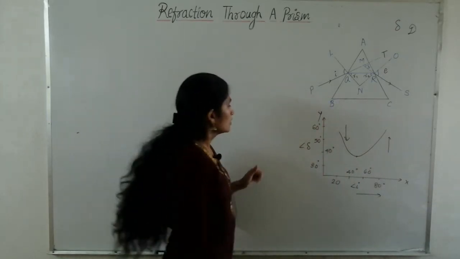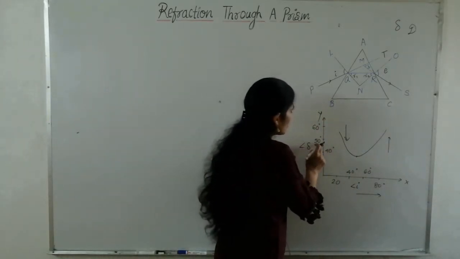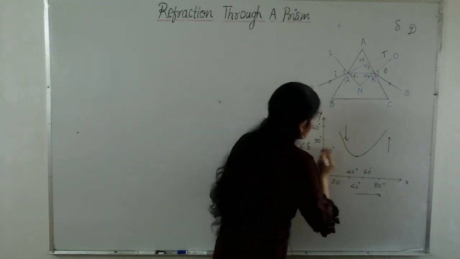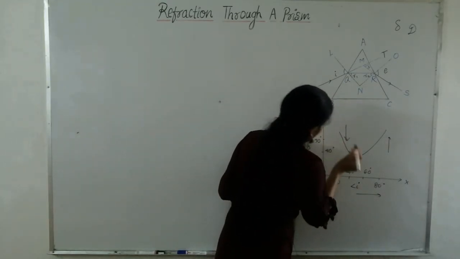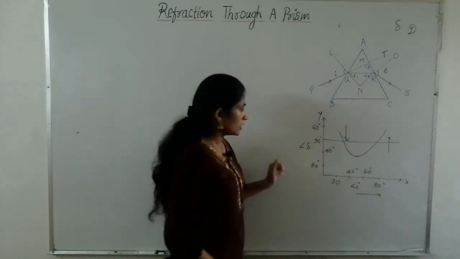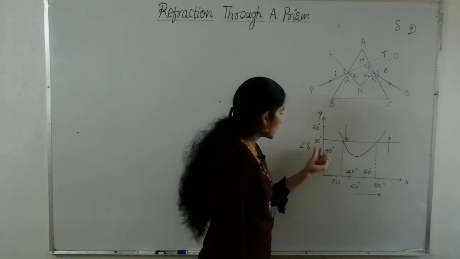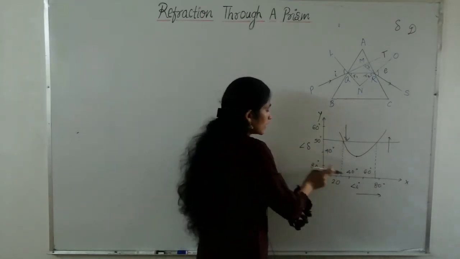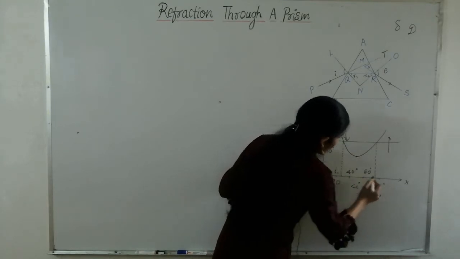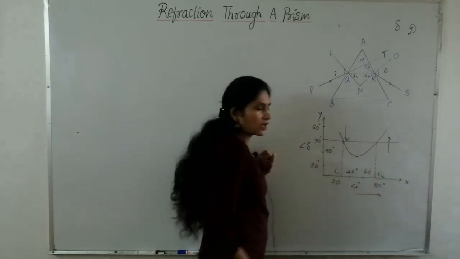This indicates that for a given value of angle of deviation, there are 2 values of angle of incidence. Let's say for this angle of deviation, these are I1 and I2.